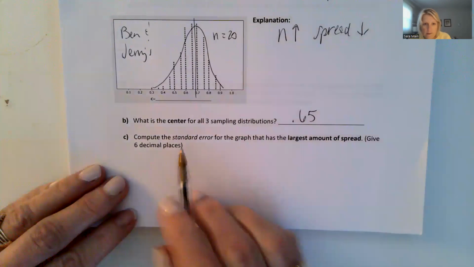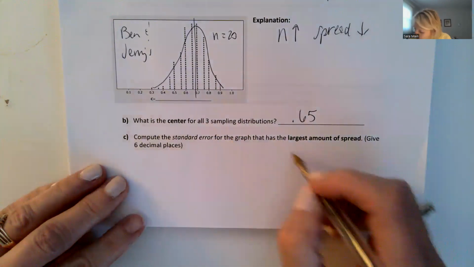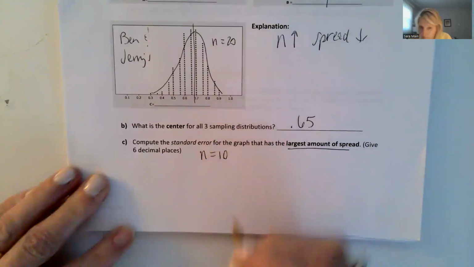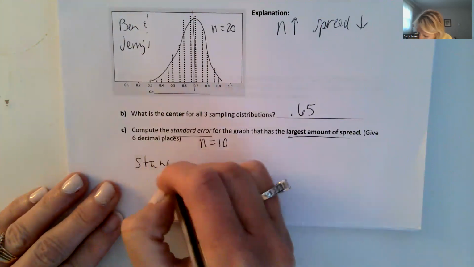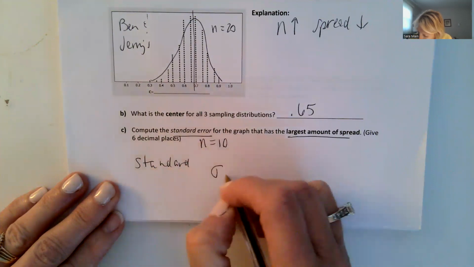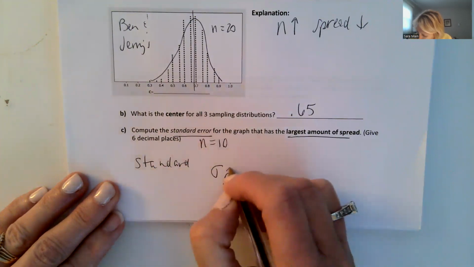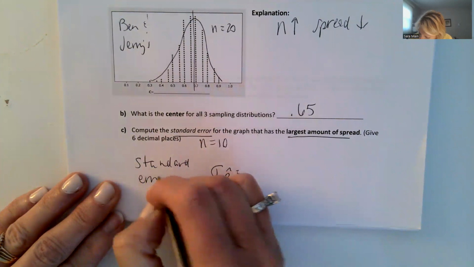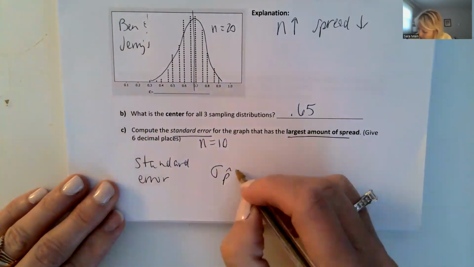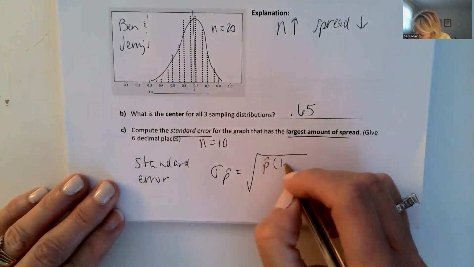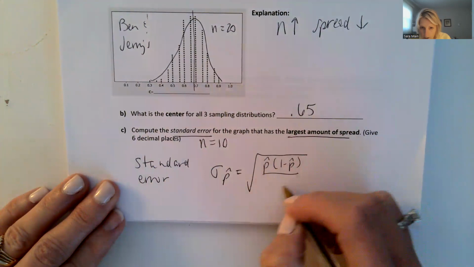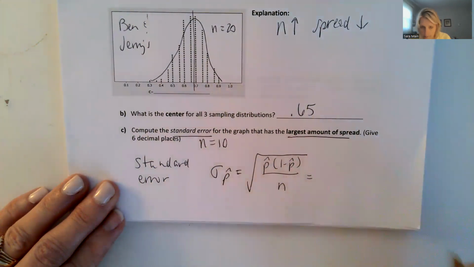Then it says, compute the standard error for the graph that has the largest amount of spread. The one with the largest spread is n equal to 10. The standard error is the standard deviation of the p hat, calculated by the square root of p hat times 1 minus p hat, divided by n, which is 10.